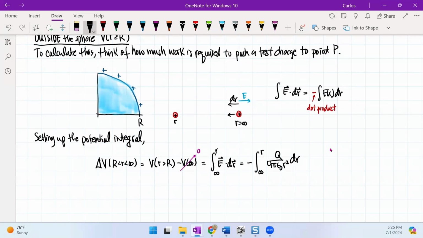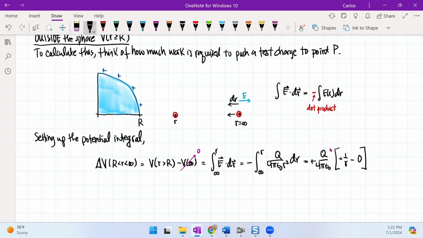When I integrate 1 over r squared, I'm going to get a minus sign, so then I'm going to get a plus sign, q over 4 pi epsilon, and then I'm going to get 1 over r, minus 1 over infinity, which is 0.